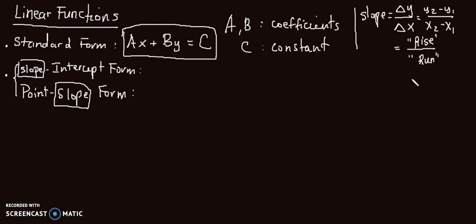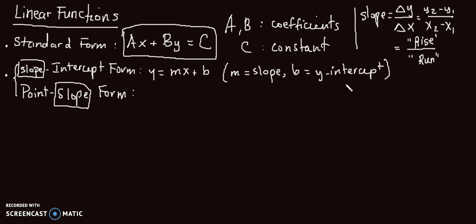We'll talk about this later when we review graphing. Slope-intercept form is y equals mx plus b, where m is the slope and b is the y-intercept.